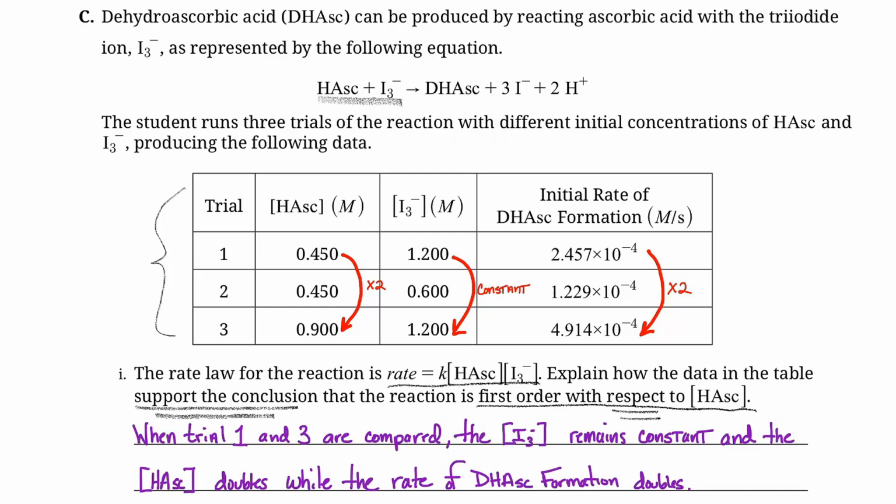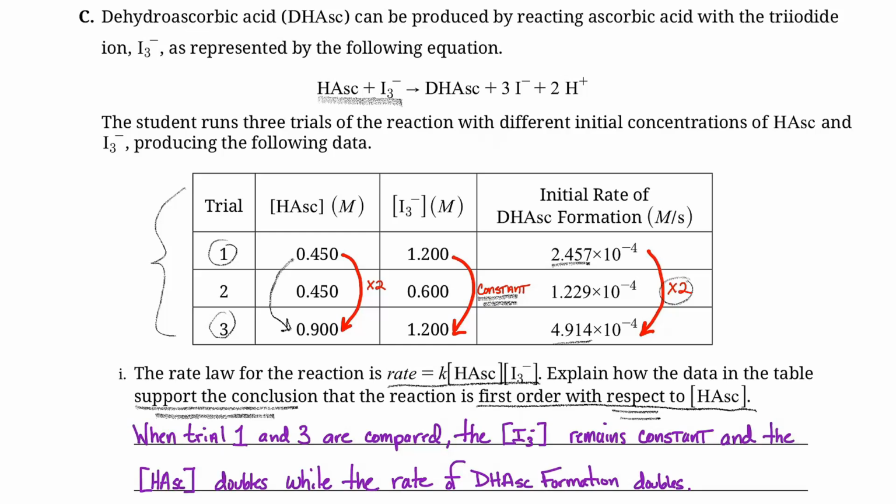So you have to be careful and make sure you read. You have to compare trial 1 and trial 3. That's the one that makes the most sense because, as you can see from my writing, we're going to keep the triiodide constant. That's really important. Keep that as a control to know what happens when the ascorbic acid doubles and what happens to your rate here. It also doubles. You should recognize that by the numbers here. So how do you need to explain this?